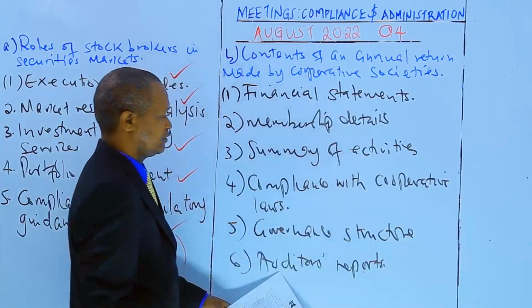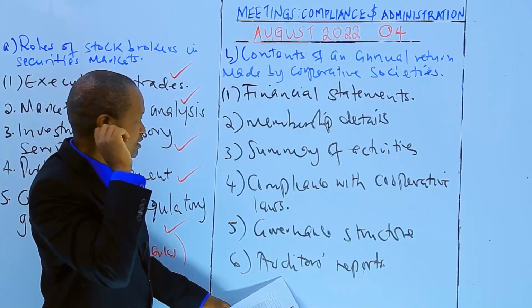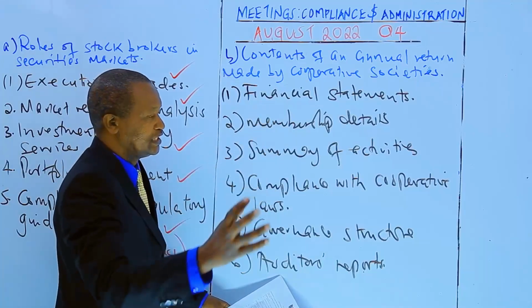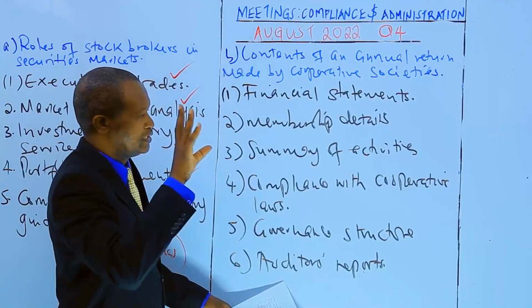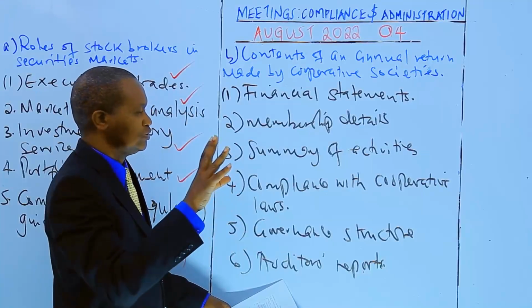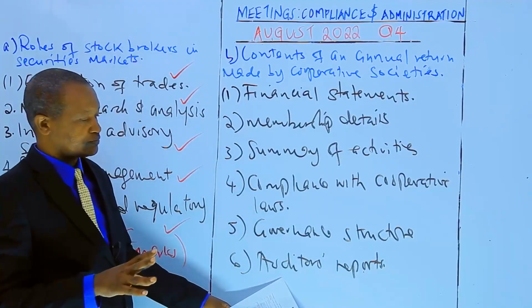Compliance with cooperative laws, because cooperative societies operate within a certain legal environment where they are required to comply with the rules in relation to cooperative societies.